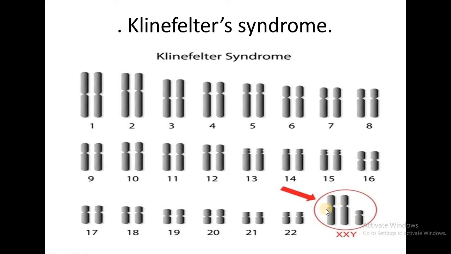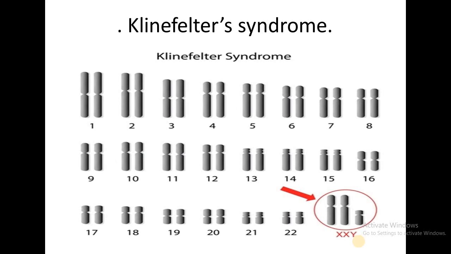You know that if the person is having XX chromosomes, then the individual will be female. If they have XY chromosomes, then the individual will be a normal male. But here there is one extra X chromosome. So the individual is phenotypically male but with feminine characteristic features. Klinefelter syndrome occurs in one in every 1000 male births.